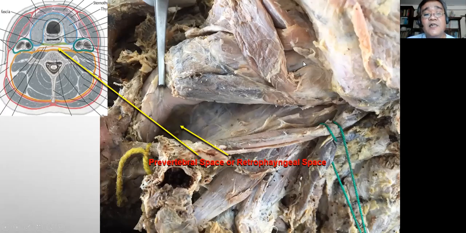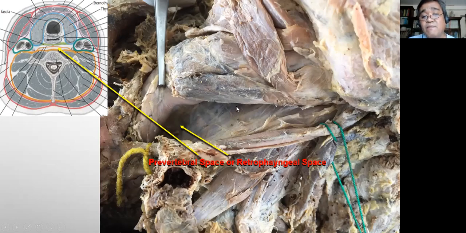Okay, this view shows you the prevertebral space or the retropharyngeal space. This is the area over here, so it is behind the esophagus and the trachea. This area over here, the prevertebral space. Okay, and this space is very significant because this space actually communicates inferiorly into the superior mediastinum.